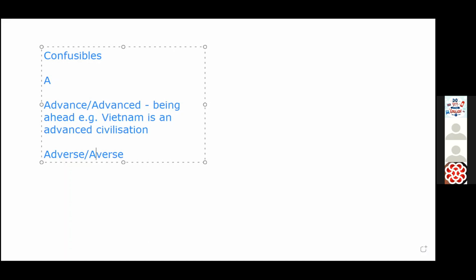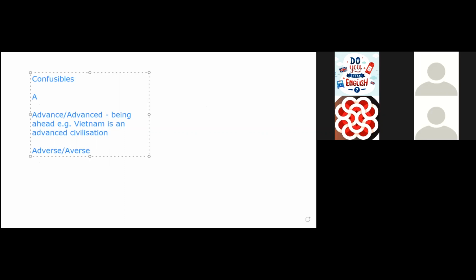Have you had a good week? Quite good. Okay. Can you tell me what adverse means, Tone? Adverse means something not good. Very good. It means something that's unfavorable or harmful, such as we're having adverse weather today. Means the weather's not good.